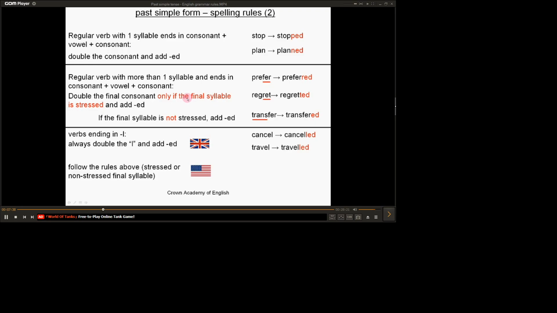So, for example, in American English, cancel is canceled, and travel is traveled, without the double consonant. And it is because the first syllable is stressed. Okay? So those are the rules.